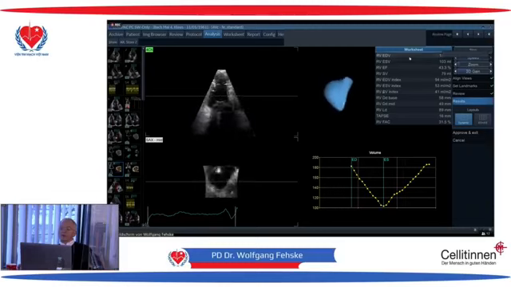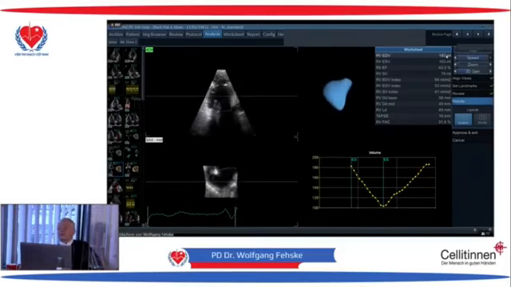Okay, so then look at the values that we get out here. You never got these good values for years when we did only a 4-chamber view or 2-chamber view of the right ventricle. You get all these values directly integrated into this 3D aspect. This is the right ventricular end-diastolic volume. I can see it is 183 milliliters. This is extremely large.